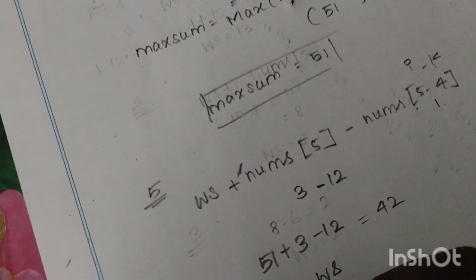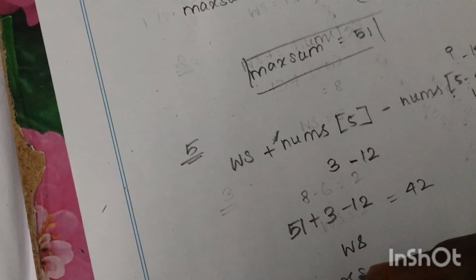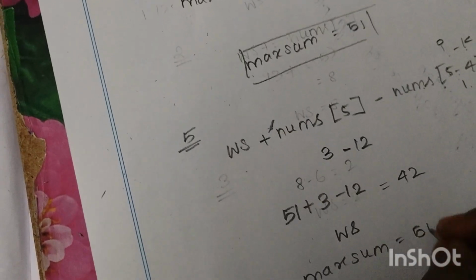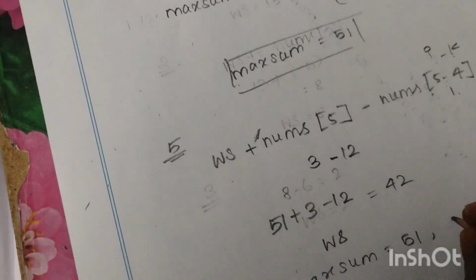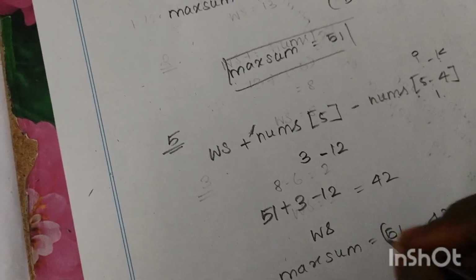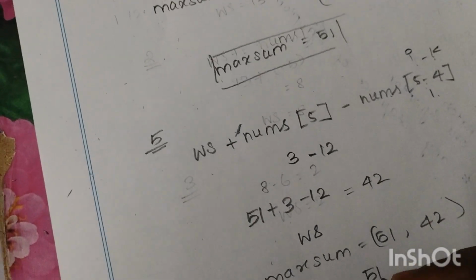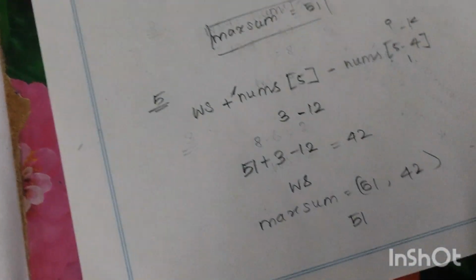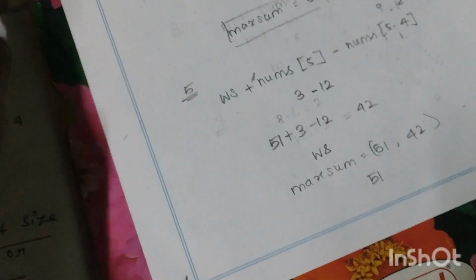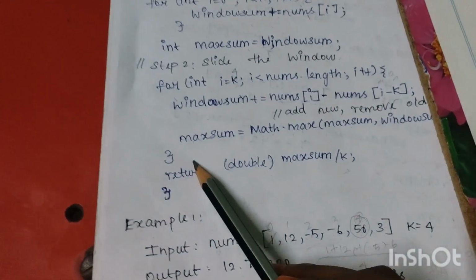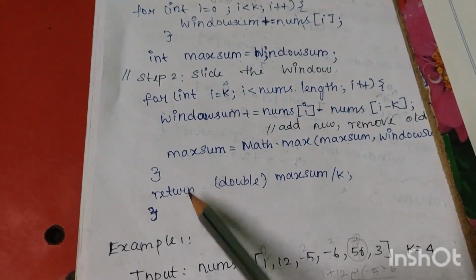So already we have maximum sum equal to 51 and the current window sum is equal to 42. So the maximum is 51. So our iteration is all over and we are going to return a value.